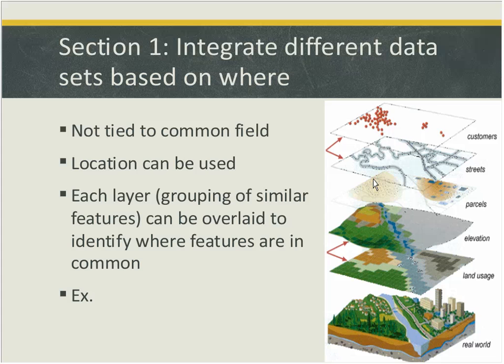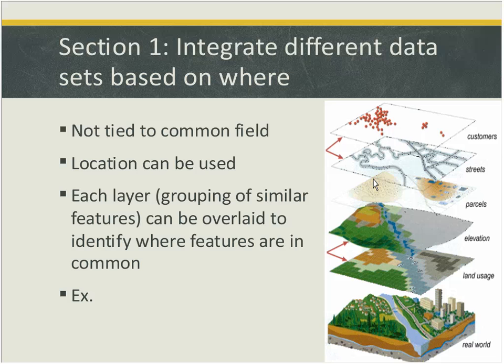And we simplify and group similar types of features together in different layers, almost like the layers on a cake. Or if you're like me and over 50, you might remember transparencies where you overlaid them and you could look at where places were in common. So that's what the GIS is doing in a much more sophisticated fashion. It's dividing the real world into layers that represent, for instance, land use or elevation or parcels of land ownership, or streets, or customers.